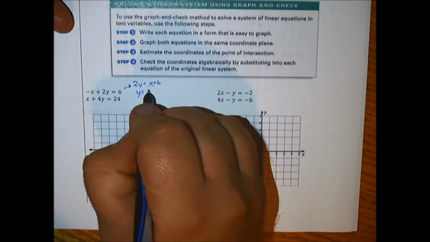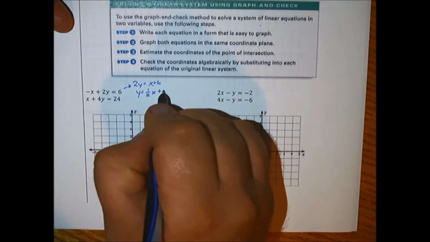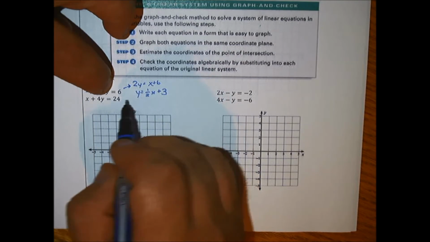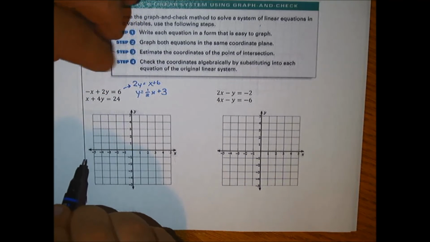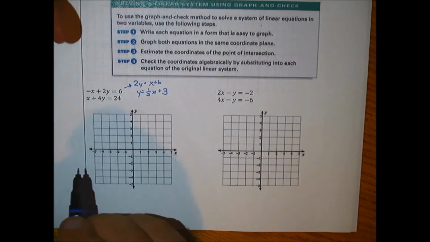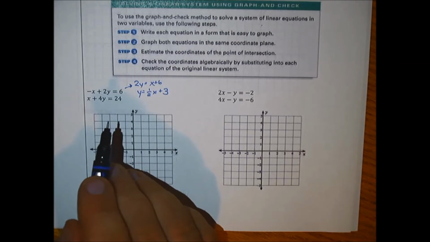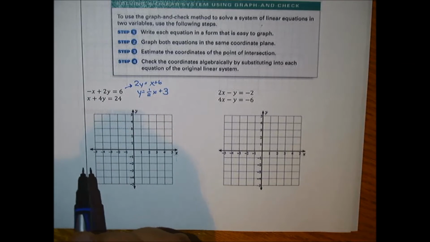So y equals 1/2 x plus 3. If you notice, I would have had an x-intercept of negative 6. My graph only goes to negative 5, so that's why I changed that one. And this one could be ugly anyways. That 24 might not fit on my graph.